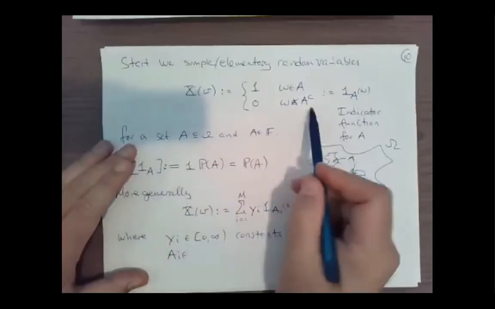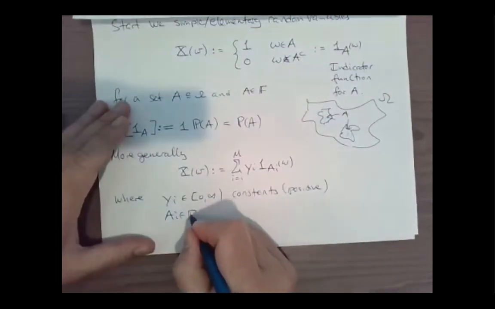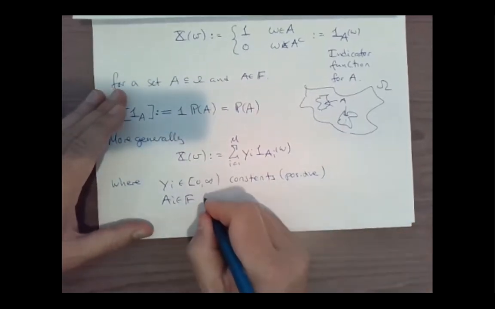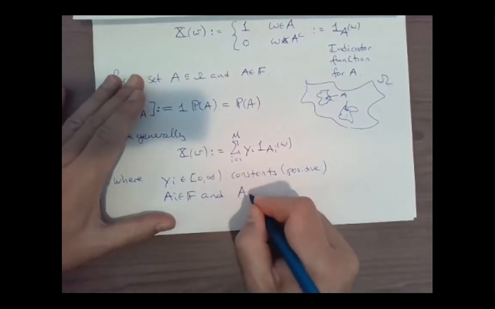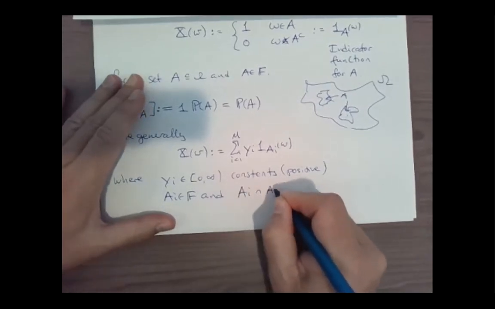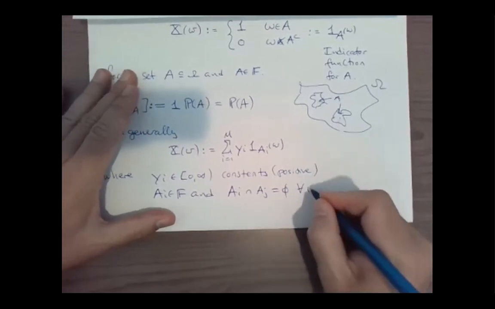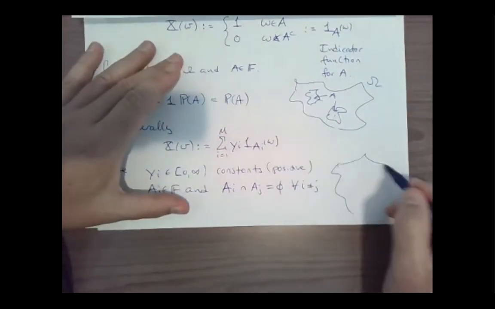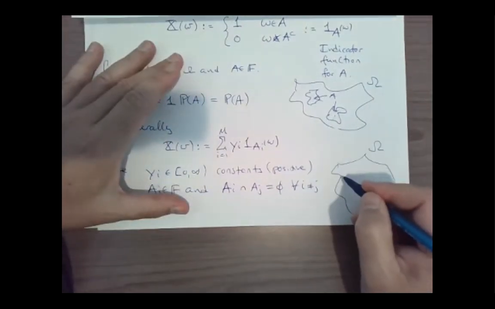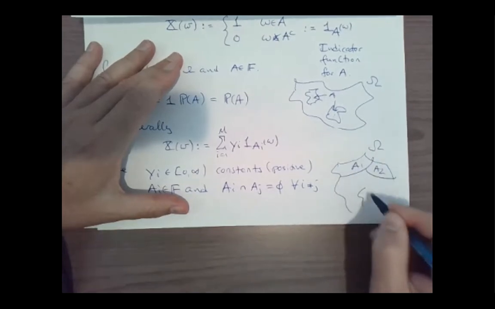they're going to be just like we had up before. They're going to be measurable subsets of omega, and they're going to be disjoint. A_i intersection with A_j is going to be empty for any i that is not j. So here the situation is, this is my omega. I'll have a corner here. This would be my A1, and this would be my A2, and here I could have A3.